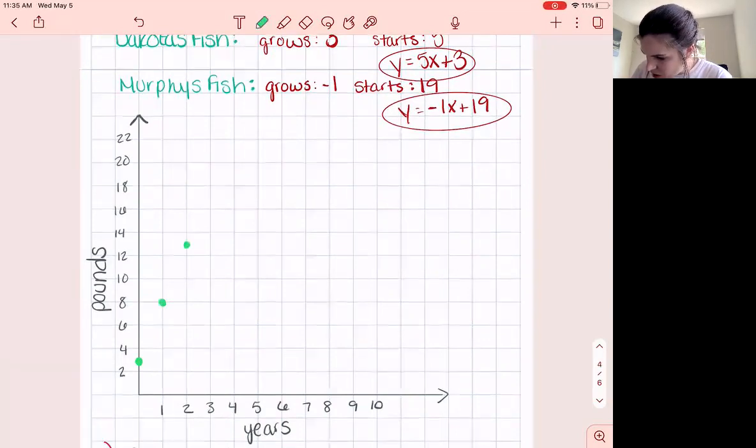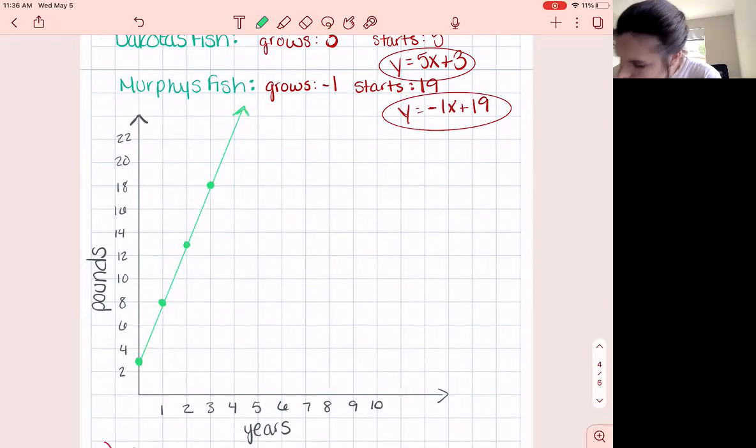And maybe one more dot, 4 should be at 18, or 3 should be at 18. And then we can connect those. And either using colors or writing, we need to label it as Dakota's fish.